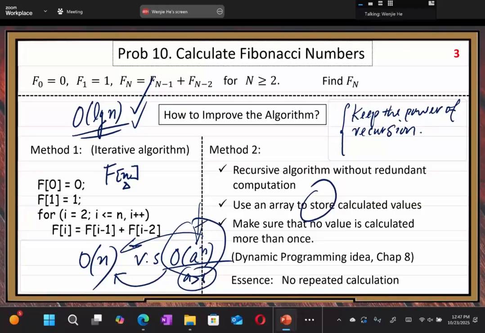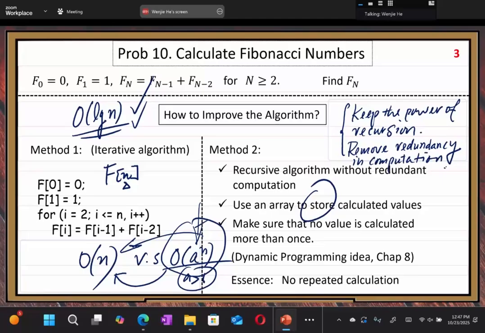Second reason: remove redundancy in computation. These are the two main reasons we need to use dynamic programming.